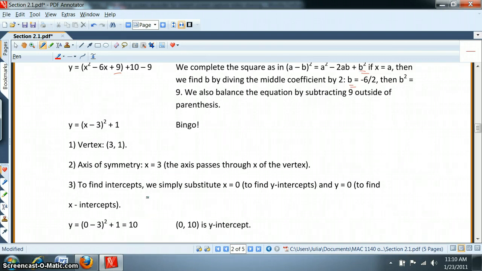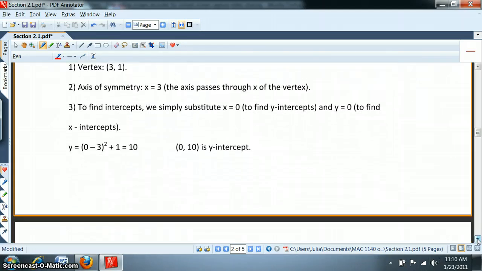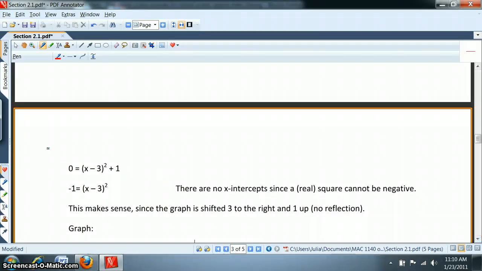And we can even find intercepts in this form the same way. x equals 0, that's what we use to find y-intercepts. That's usually fairly simple. So 0, 10 is the y-intercept. And we can use y equals 0, which means we set the equation equal to 0 right here, and we can solve for x, for example, which does not work out here because if we subtract 1 from both sides, we have a square equal to negative 1, which cannot have real roots, which means there are no x-intercepts in this case.